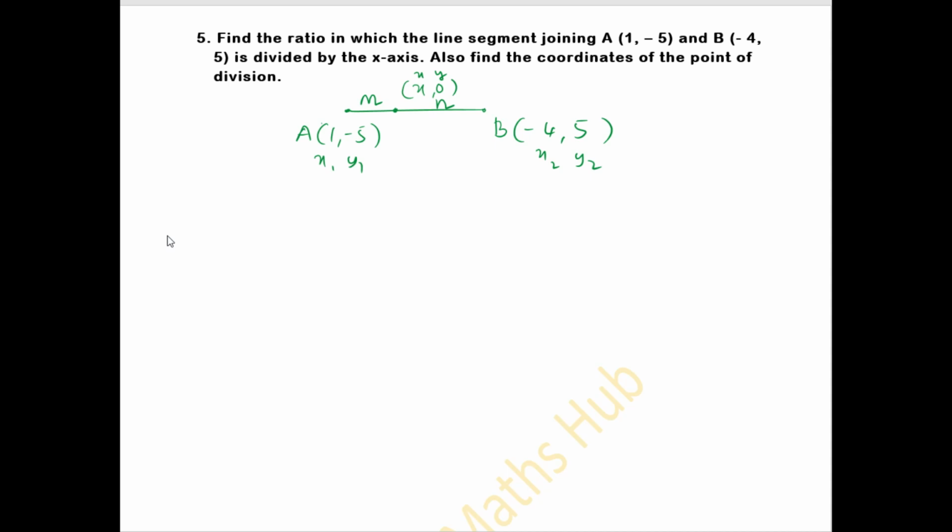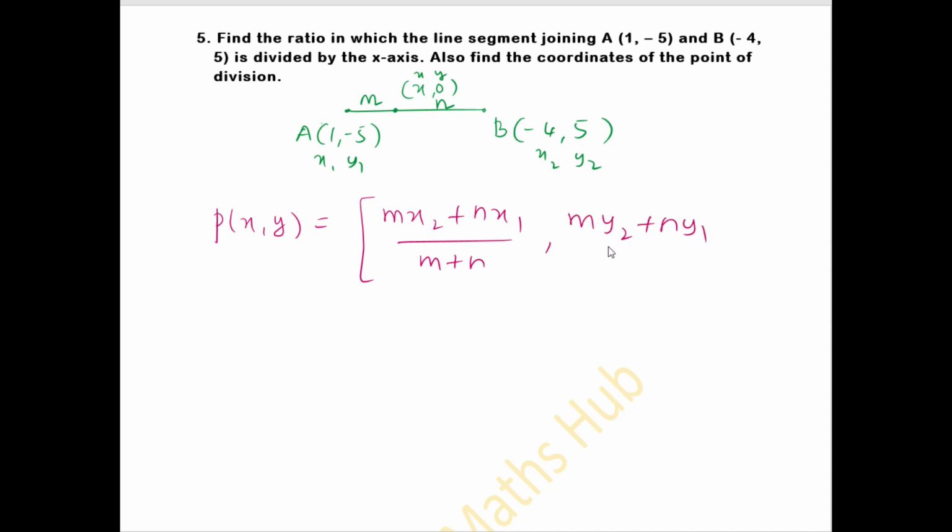Now by using the section formula, that is P of (x, y) equals (m x2 plus n x1) divided by (m plus n), comma (m y2 plus n y1) divided by (m plus n).